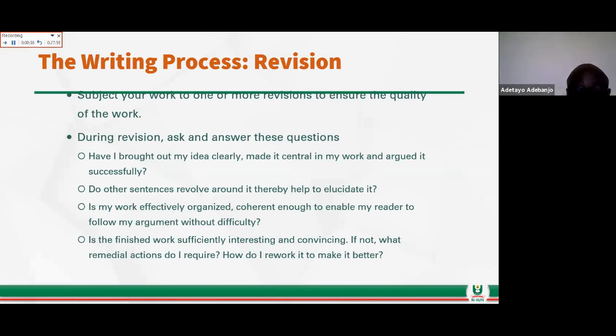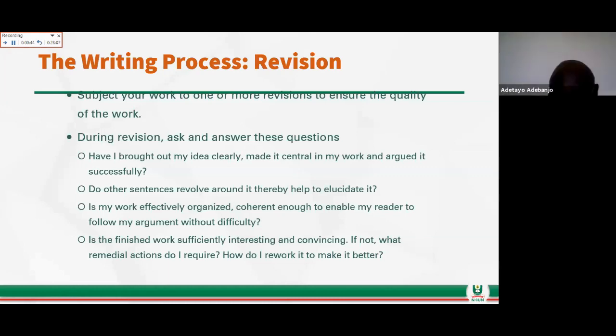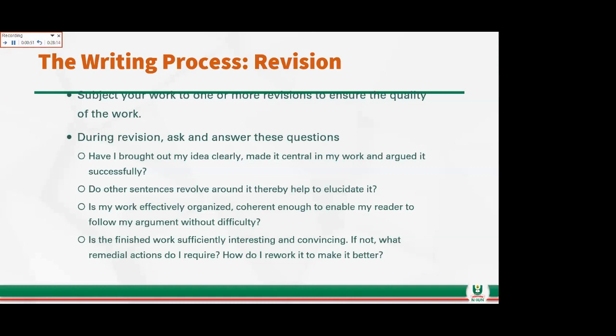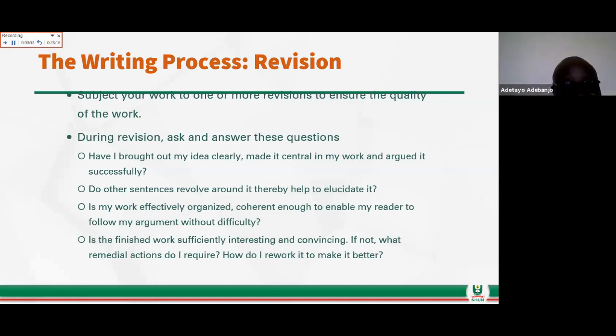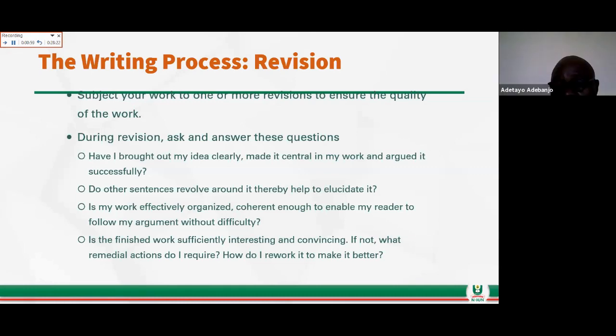If you don't do revision, it's like you just throw everything in, and people will make jest of you. Look at what that person has written. So what we are saying is writing is a process that we imbibe and then do.